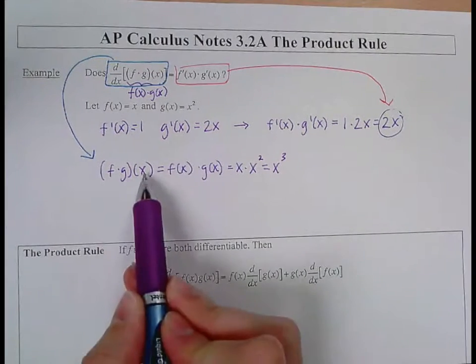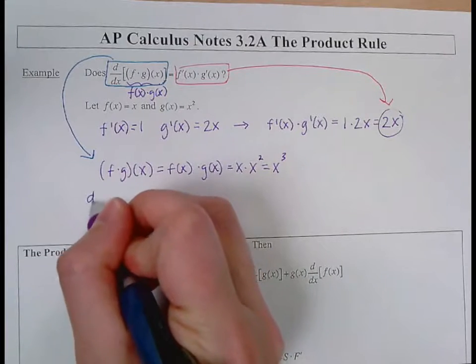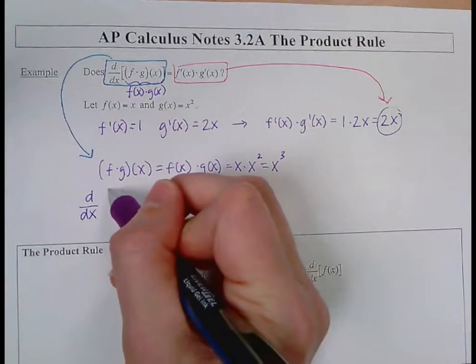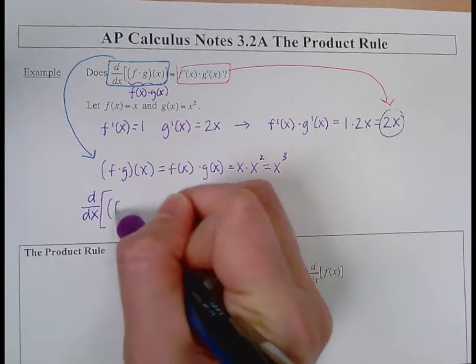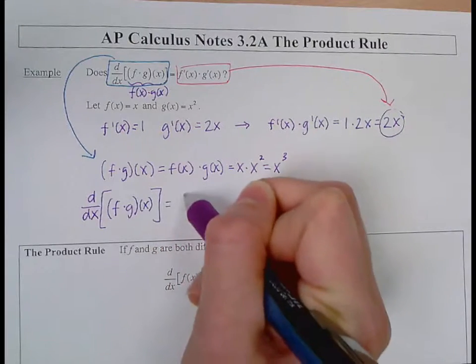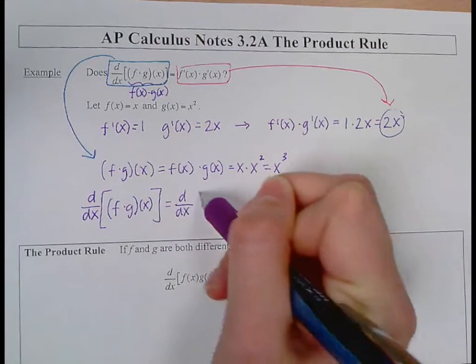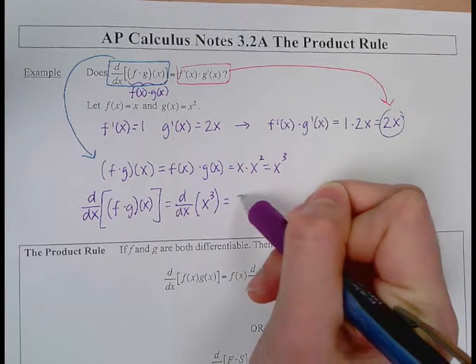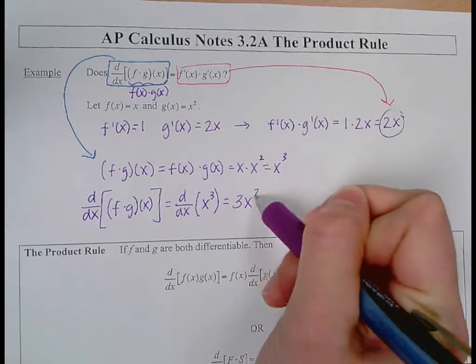Now if I take the derivative of that, so again, the d dx, that's the Leibniz notation, meaning derivative with respect to x. If I take the derivative of f times g, that means I'm taking the derivative of x cubed, which is what? 3x squared.